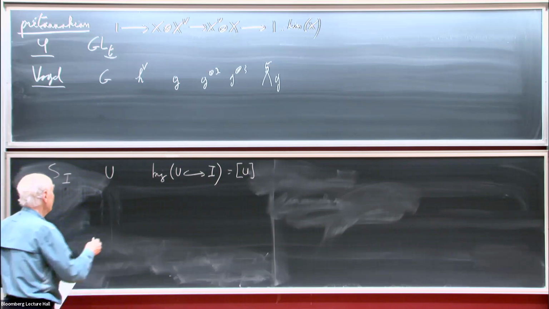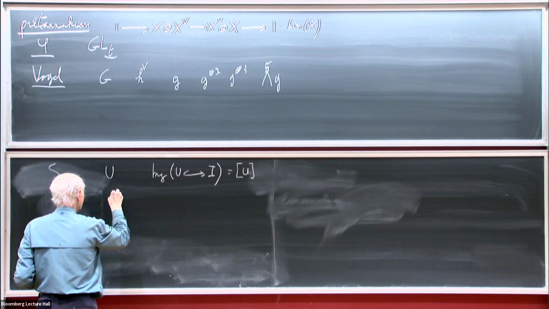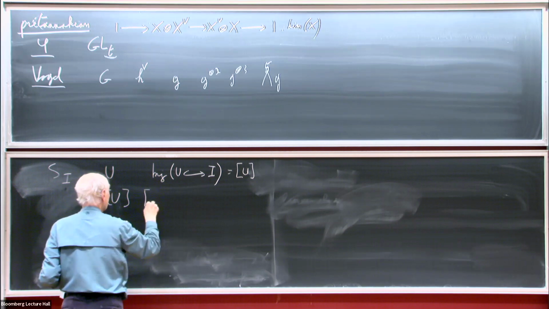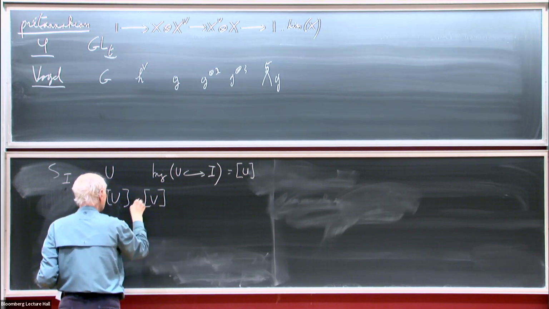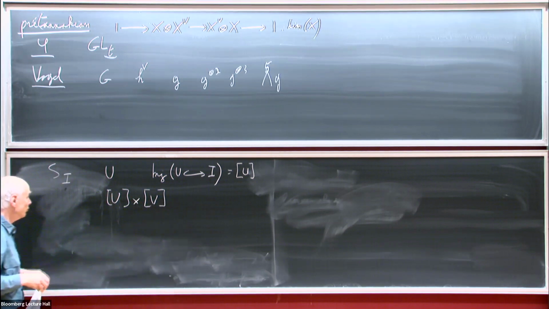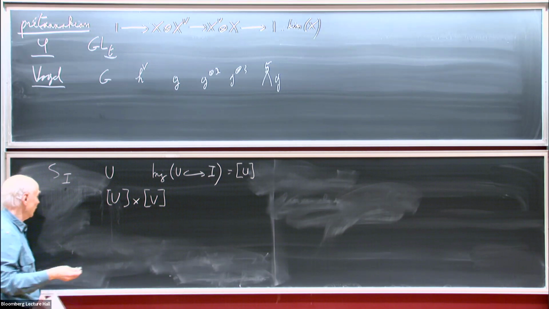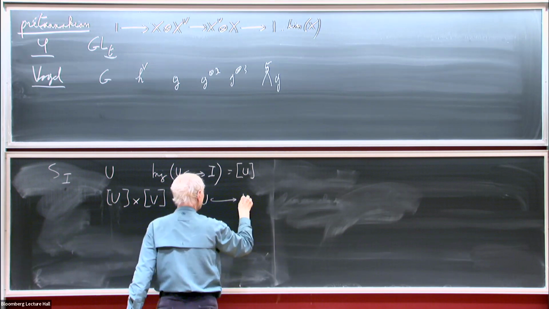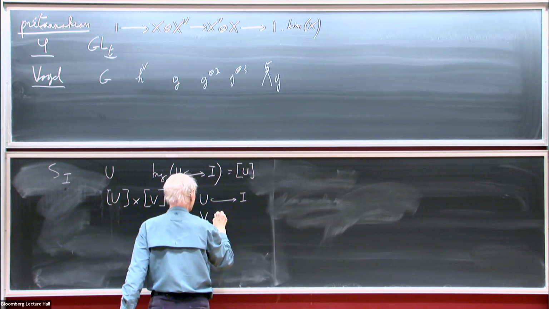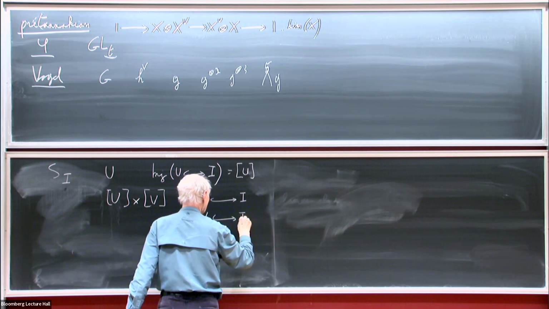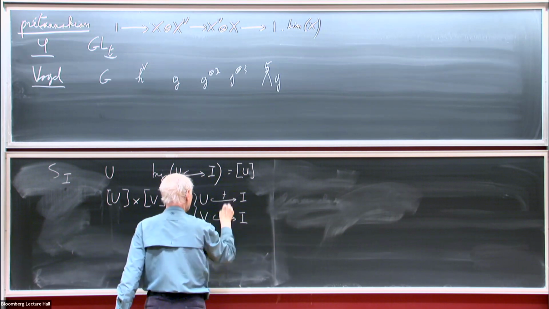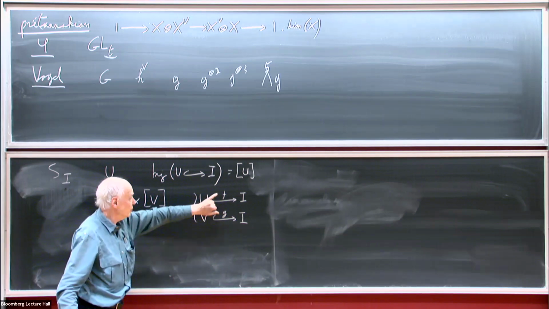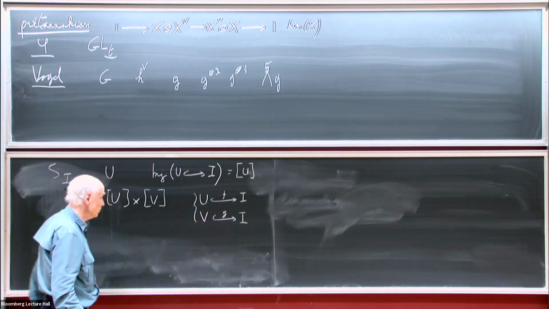So let me give an example. You take two finite sets, U and V, and look at their product. So what are you doing? You are looking at a pair of injections, f from U to I and g from V to I, and you are wondering what is the orbit of the pair (f, g).